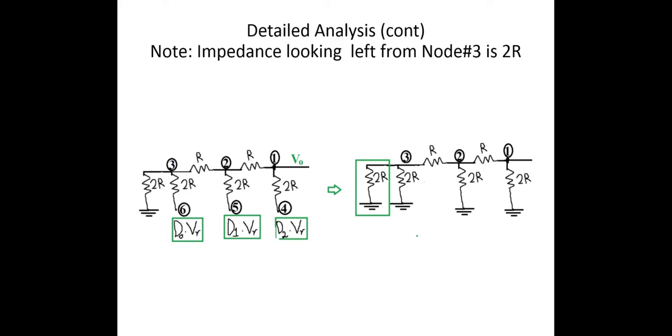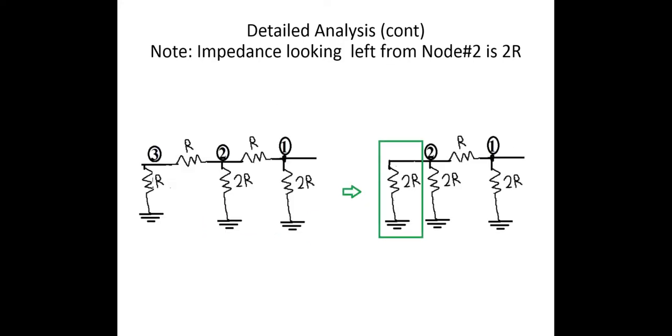So now we move to next step, where we take the parallel combination of the two resistors which are attached to node 3. So now the equivalent resistance of the two resistances attached to node 3 is R. So now the circuit looks as shown on the left side of this slide.